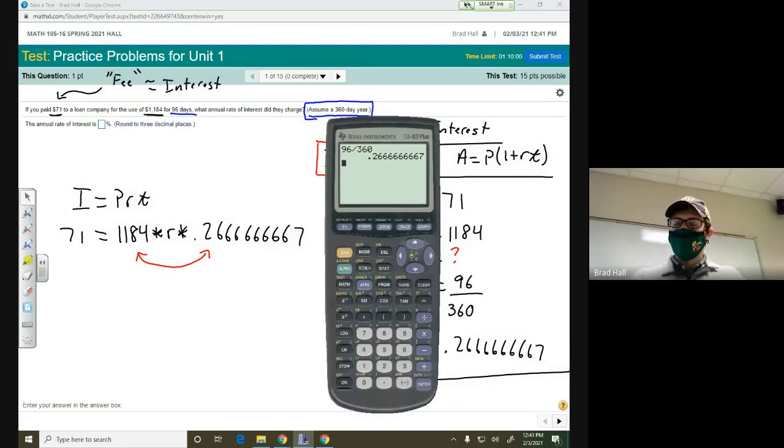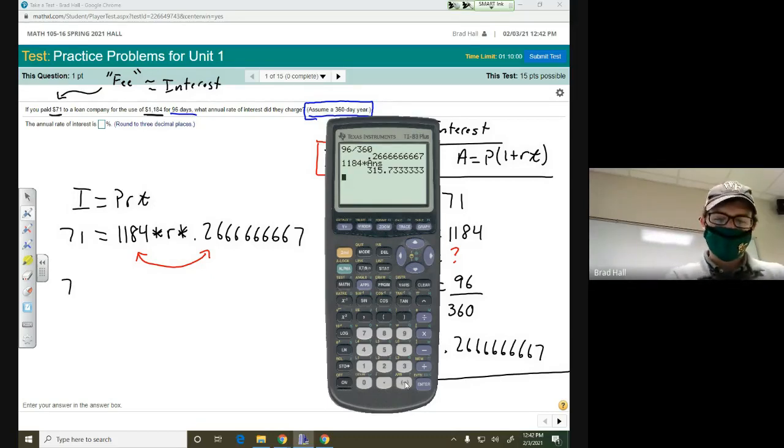And the way to do that in the calculator, without having to write out the 0.26667, is 1184 times second, and then the ANS that I was talking about. Or you can just type out all the digits, it doesn't matter. And you should get a number that looks fairly similar to this, times R.